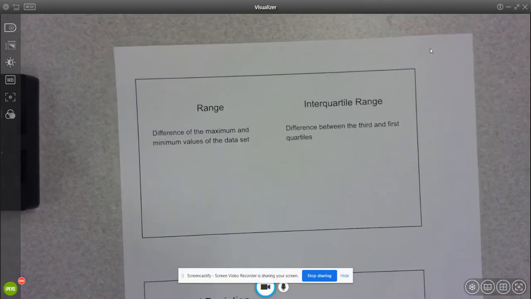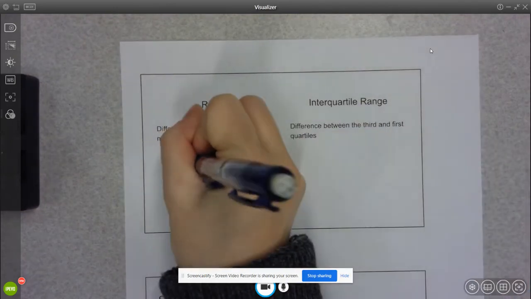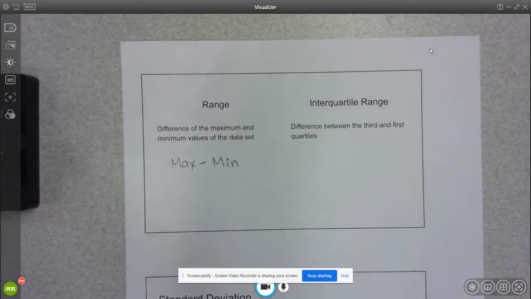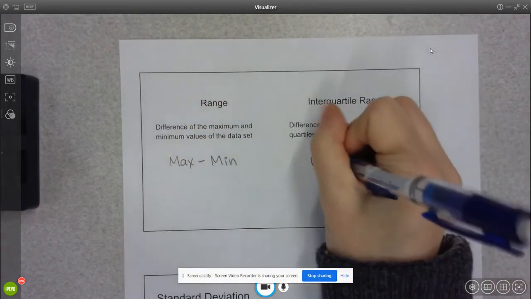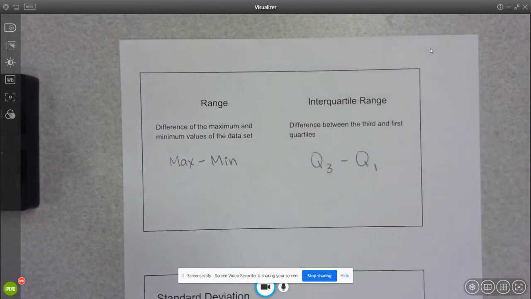So when we're talking about range, I'm looking at the difference between the maximum value and the minimum value. Biggest and smallest, how much space is in between. So this is max minus min. And here, this is Q3 minus Q1.